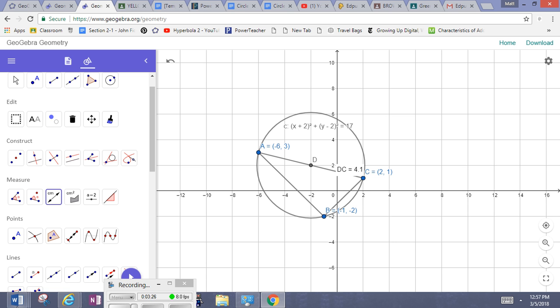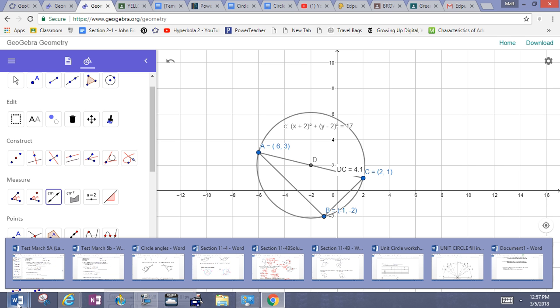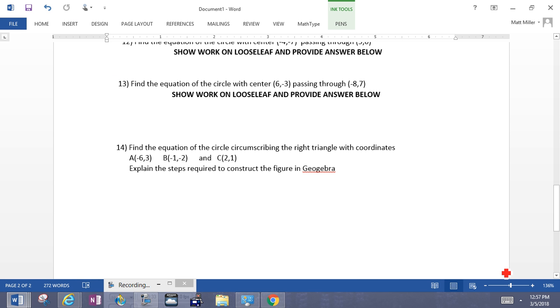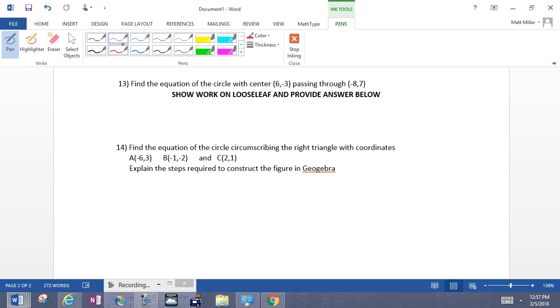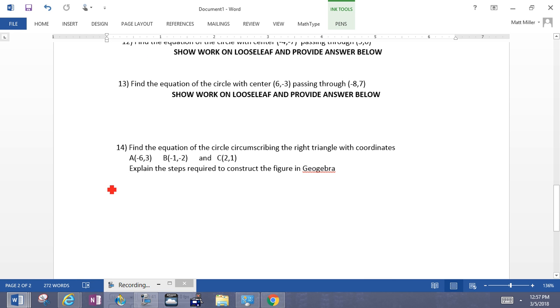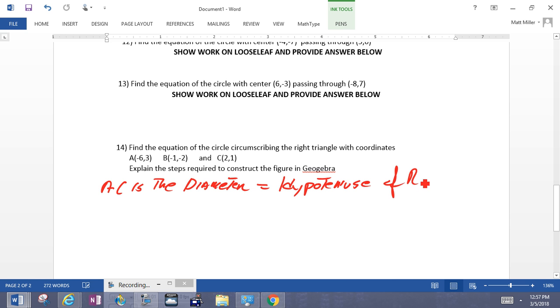Now let's go back and do this algebraically, showing you the steps that are necessary. In essence, what we find out is that AC is the diameter, and the diameter is also the hypotenuse of the right triangle.